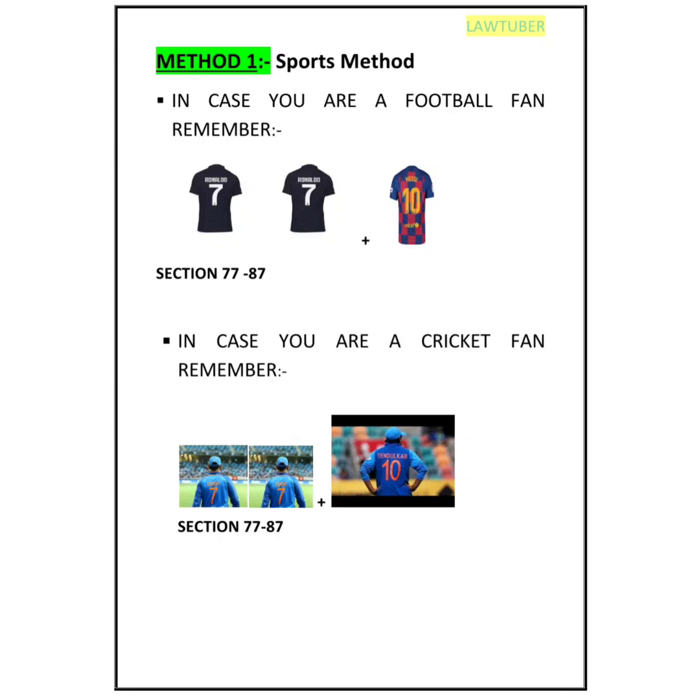Now to this 77, just remember Messi's jersey number, that is 10. Just add the 10 to 77. 77 plus 10 is 87, the closing section of charges. So here you go, 77, opening section, 2 Ronaldo jerseys. Add Messi's jersey number to it, that is 10. You get 87, closing section of charges.